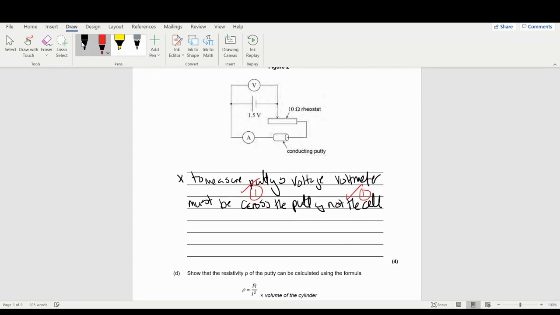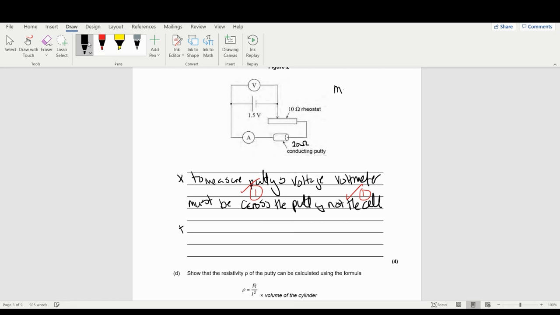But it's the second mark that a lot of people fell down with, and this is actually a practical question here. If you're trying to find that it follows Ohm's law, you actually need a very broad spectrum of results for the current. One of the biggest problems is that this here is 20 ohms maximum.